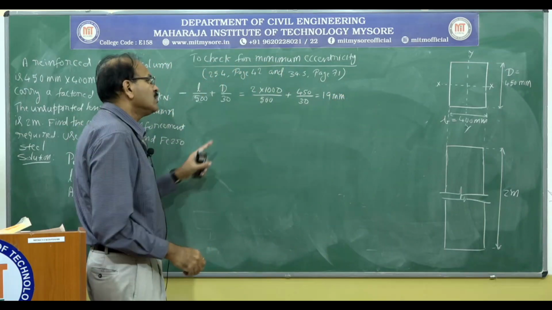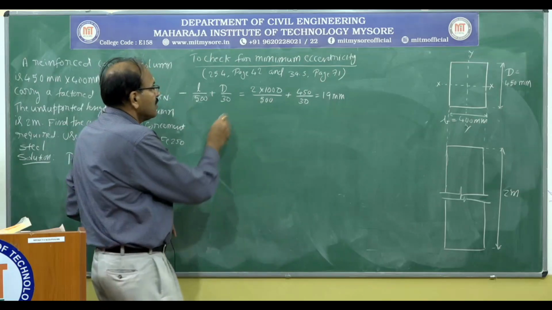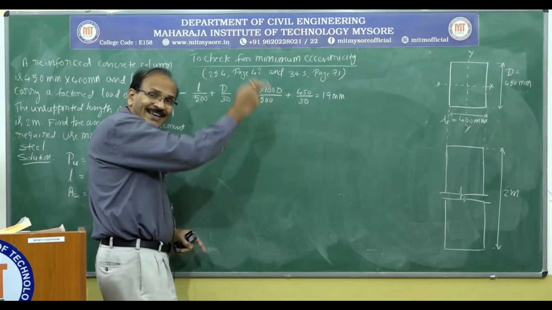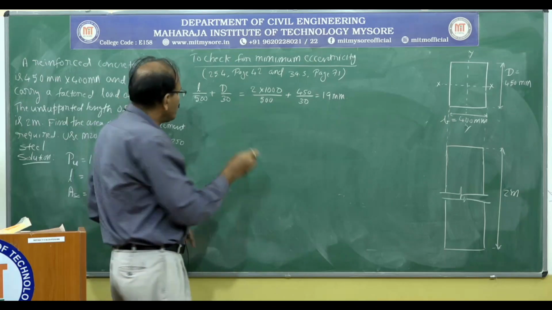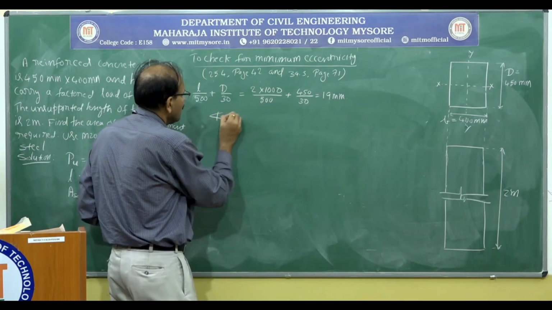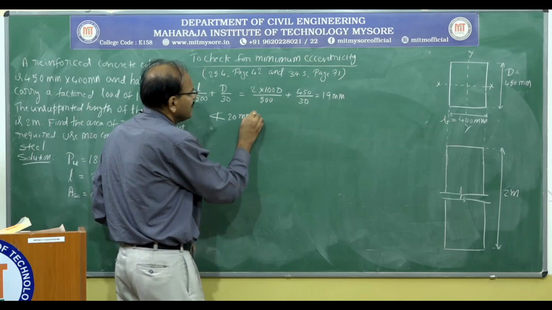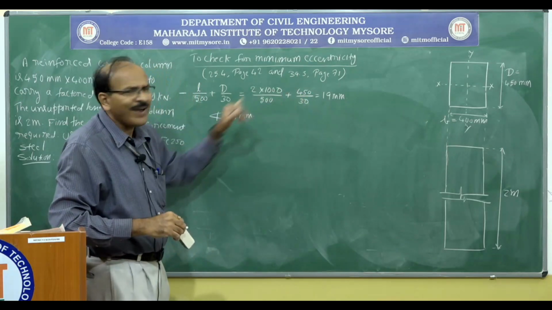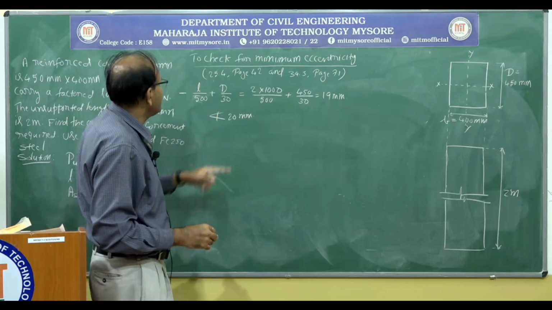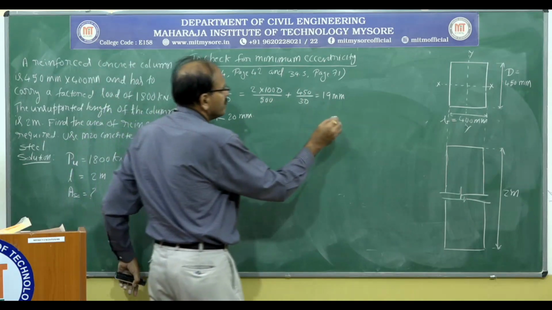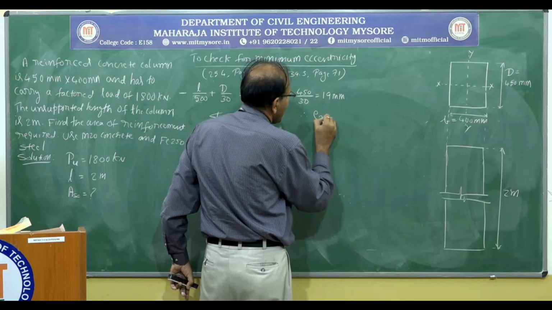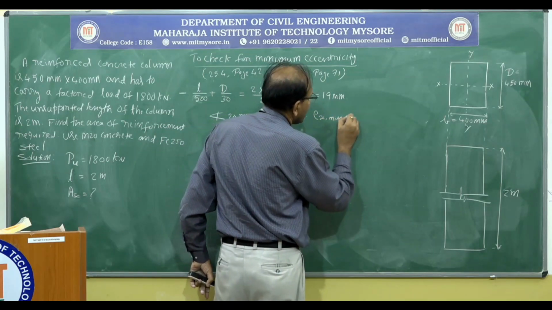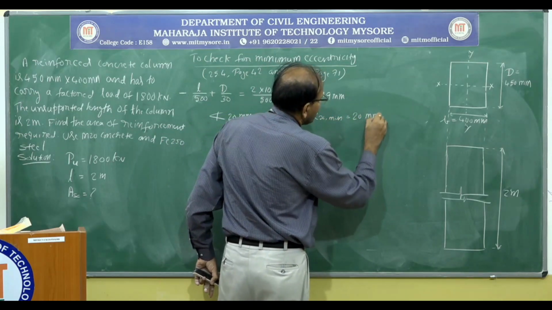And the code also says that whatever the eccentricity, it should not be less than 20 mm. So we have to take the higher of those two values as the eccentricity. Therefore, Ex minimum equals 20 millimeter.